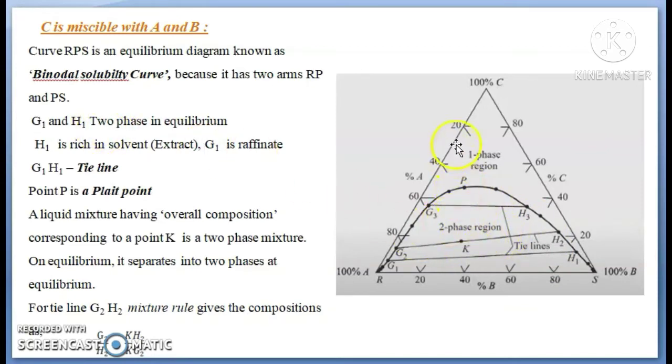Suppose G1 and H1 are two phases in equilibrium. The line joining the two equilibrium concentrations is called a tie line, whereas the curve for the raffinate phase and the curve for the extract phase merge at a point called the plait point.